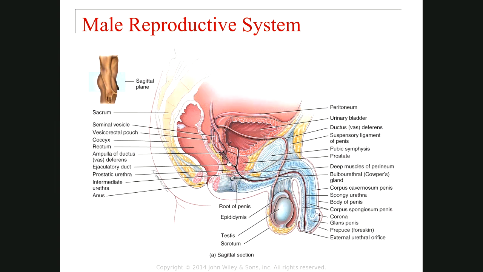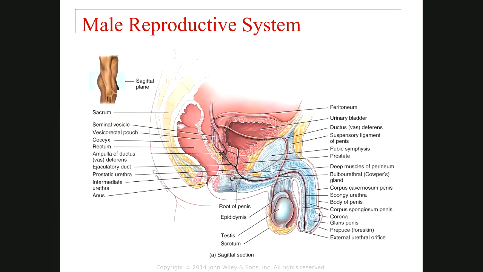This ejaculatory duct enters the gland which we call prostate gland. As you see here, we have ejaculatory duct, and this is the prostate. The ejaculatory duct and the prostatic urethra combine together, and they make the urethra.